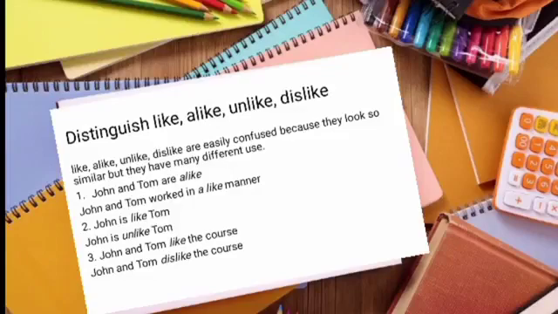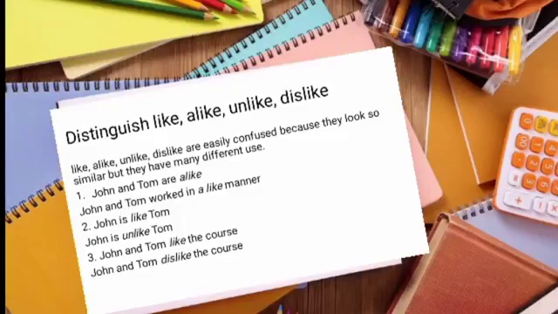Okay, the last structures to distinguish like, alike, unlike, and dislike that you should be familiar with are the verbs like and dislike, which have opposite meanings because they are verbs and they are used with a subject. Let me give you an example. I have sentences: John and Tom like the course. John and Tom dislike the course.